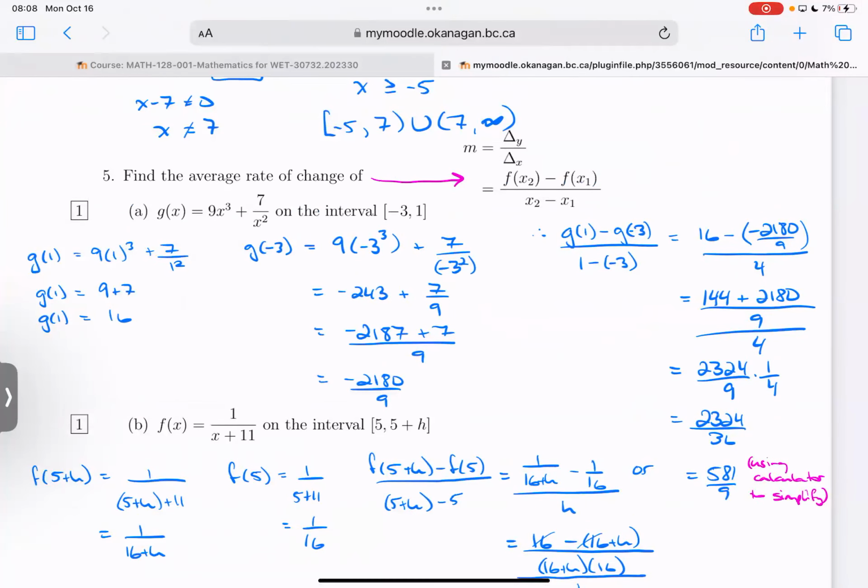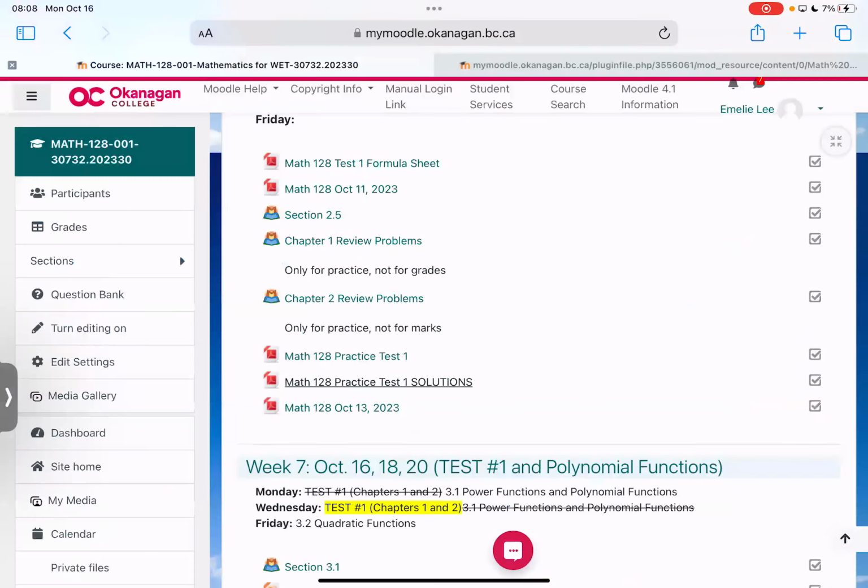Any questions about the practice test before we get into chapter 3? No. Emily, you said the test is on Wednesday. We're going to study today and tomorrow. Any? No? Well, I can't really load the answer sheet. Oh, is it not loading?